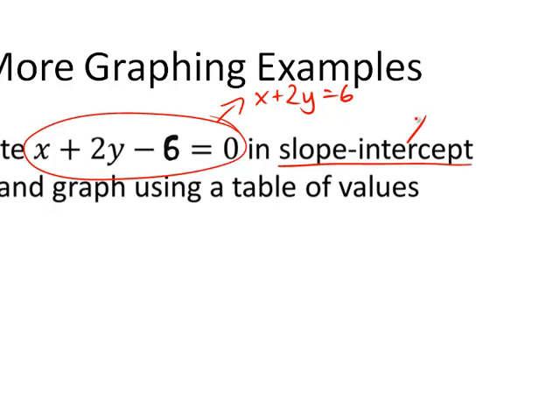Whereas in slope-intercept form, you want y by itself, so you want the y variable on its own. Those are just two different formats, and you'll notice that rewriting between them is useful because sometimes one is easier to graph than the other.